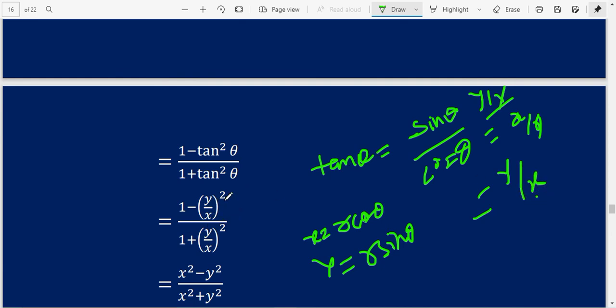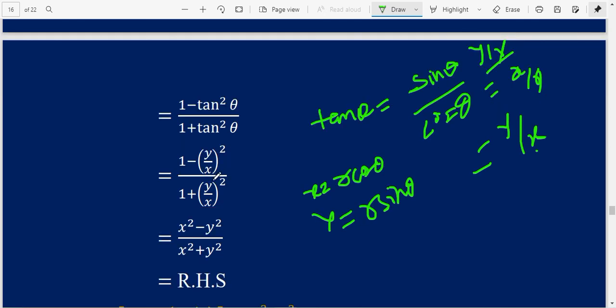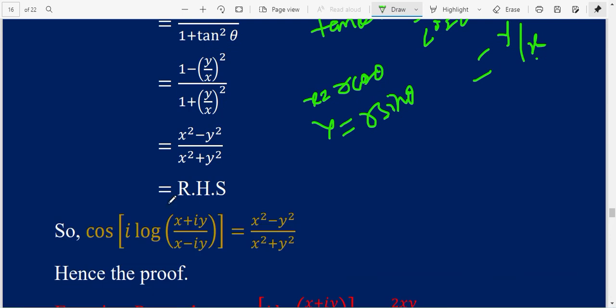So tan theta is equal to y upon x, and we need its square. So 1 minus (y upon x) square upon 1 plus (y upon x) square gives x square minus y square upon x square plus y square. This is the right hand side. So cos of i log of (x plus iy) upon (x minus iy) is equal to x square minus y square upon x square plus y square.